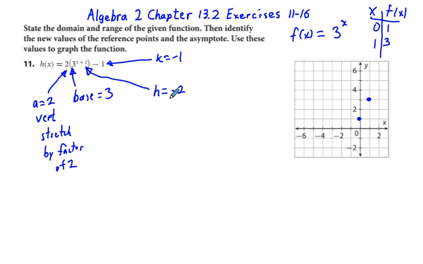Okay, this one here, h equals negative 2, is a translation 2 units to the left. Okay, this k equals negative 1 is a translation 1 unit down.